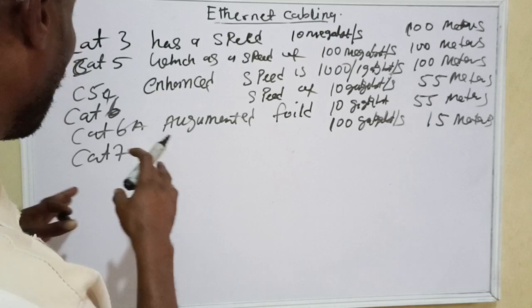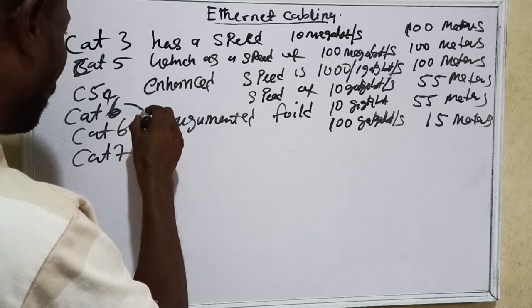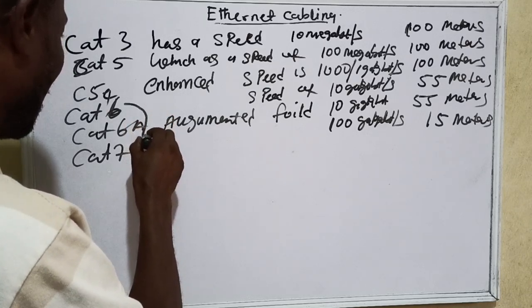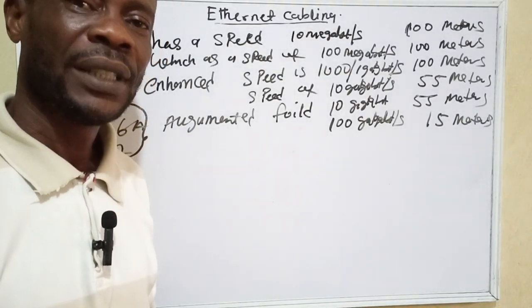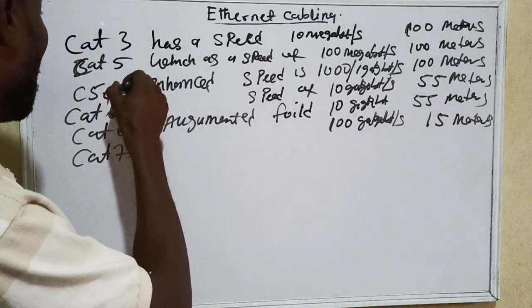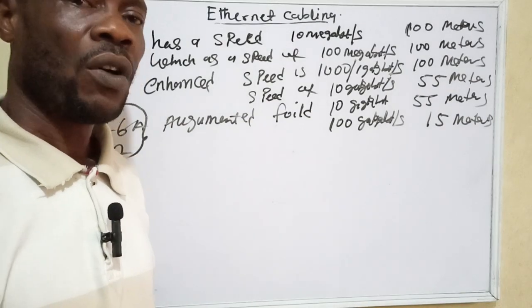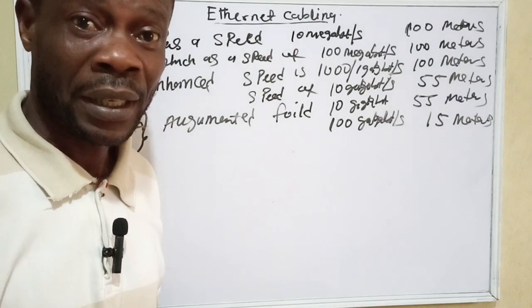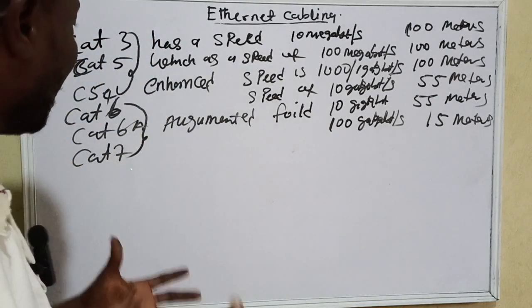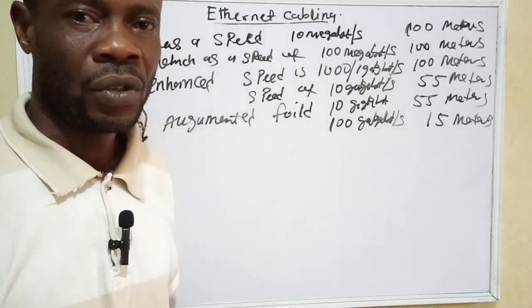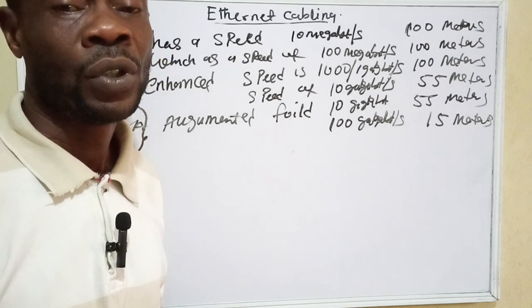So the categories Cat 6, Cat 6A, and Cat 7 are STP cables, called shielded twisted pair cables, while Cat 5E to Cat 3 are UTP, unshielded twisted pair, cables. Cat 6, Cat 6A, and Cat 7 can protect the signal from crosstalk.